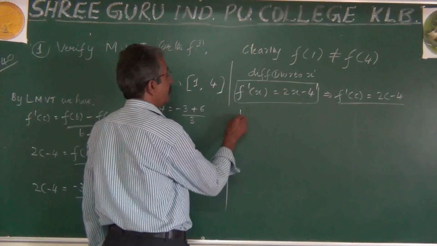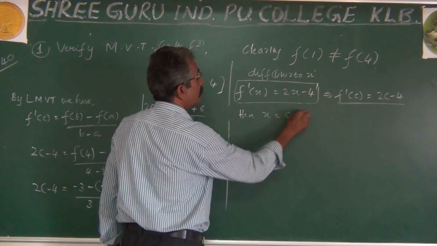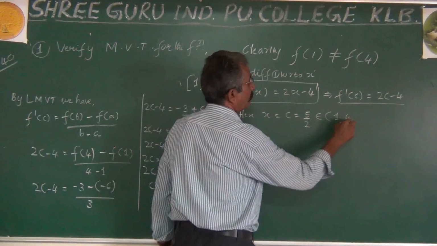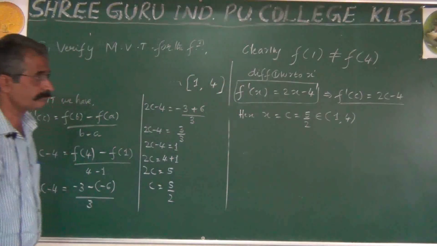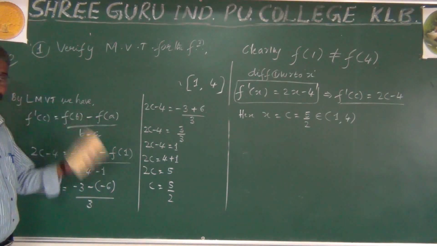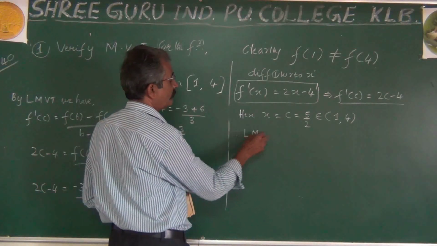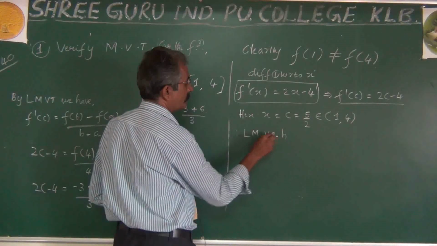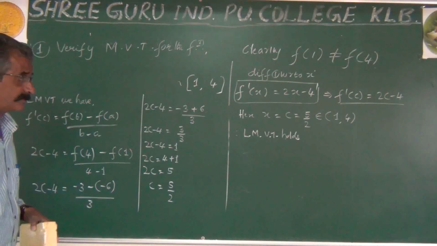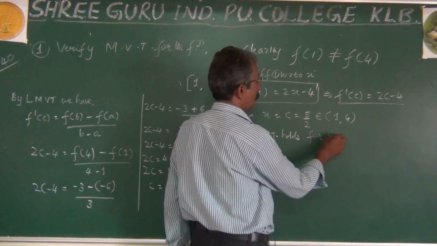Write that here: x equal to c equal to 5 by 2 belongs to open interval 1 comma 4. That means for this value of x, Lagrange's theorem will be satisfied. Therefore, LMVT holds. Holds means satisfies. LMVT holds for x equal to 5 by 2.